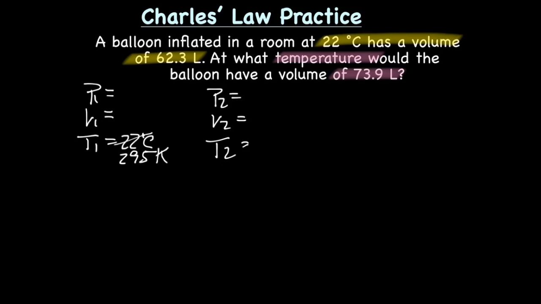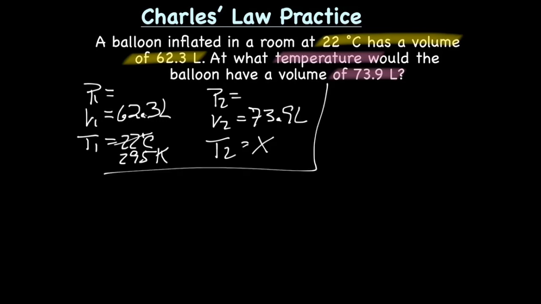Let's see, my V1 is 62.3 liters. My T2 I don't know, and my V2 is 73.9 liters. All right, so from here I'm going to fill things in to the formula P1 V1 over T1 equals P2 V2 over T2.